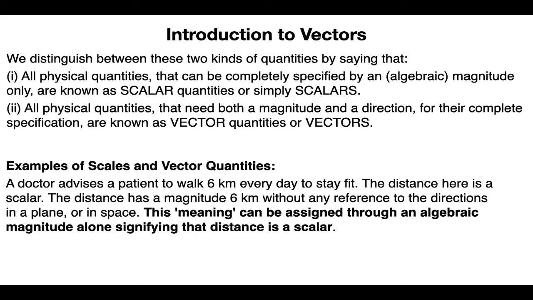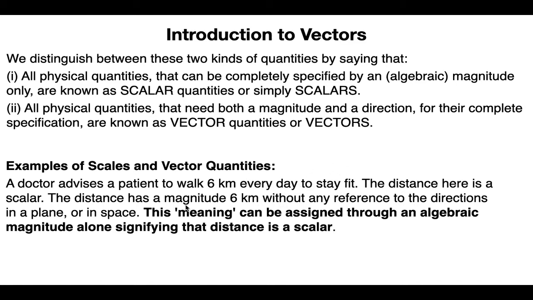Now this is interesting and will clearly explain the difference between the distance, which is a scalar quantity, and displacement, which is a vector quantity. A doctor advises a patient to walk 6 kilometers each day to stay fit.